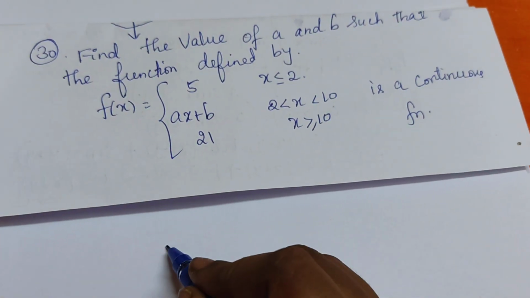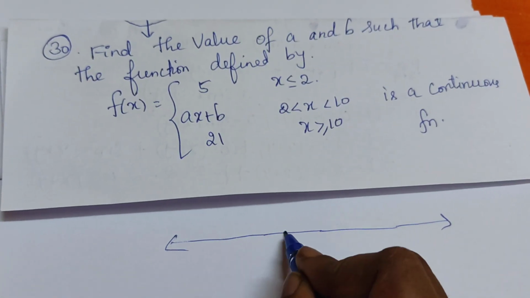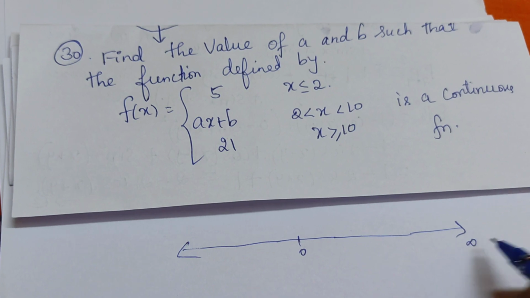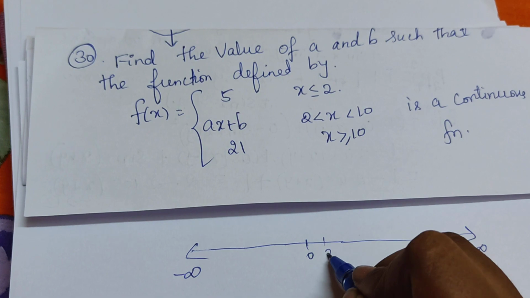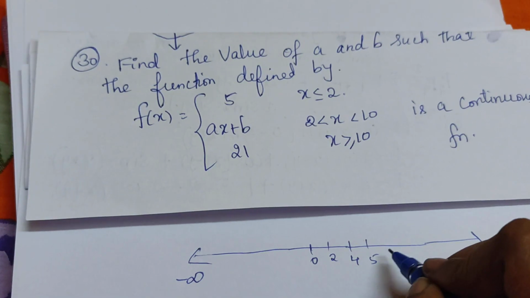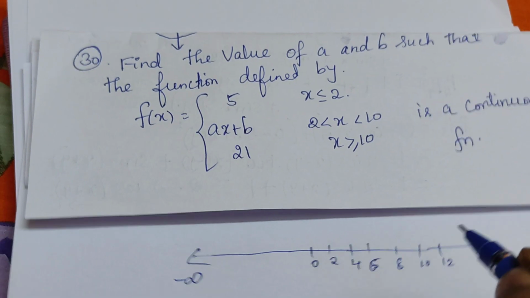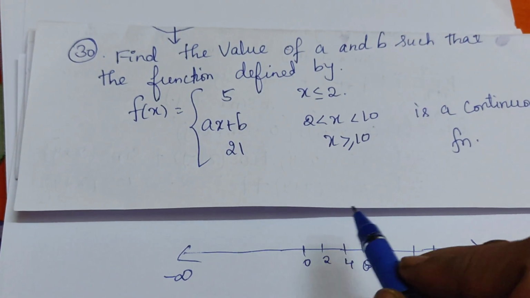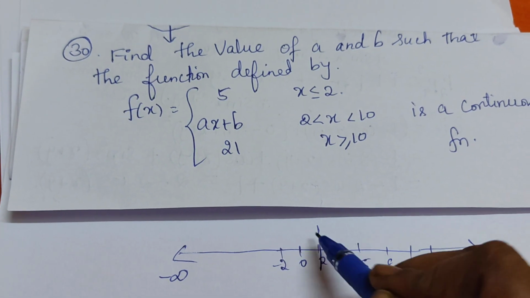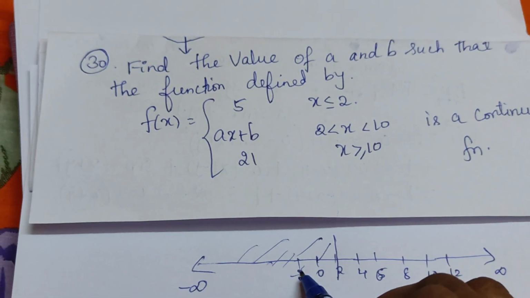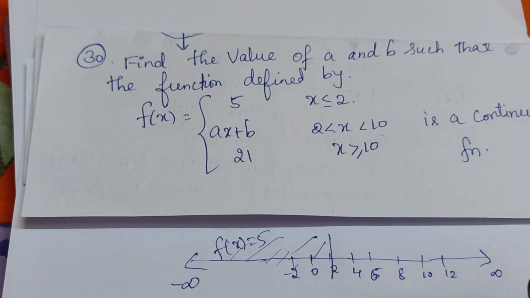Now we will find the domain of the function. When we assume the real line, we have 0 and it goes up to infinity on the right hand side and up to minus infinity on the left hand side, and I represent a few integers over that. Now whenever the values of x are less than or equal to 2, for this domain the function f of x will be 5, which is a constant function.